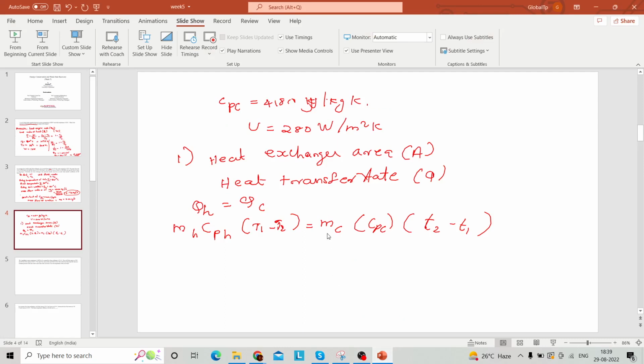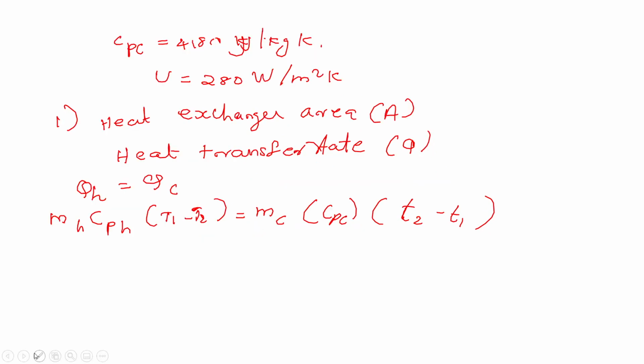At the moment, you got the temperature T2 as 42.5 degrees Celsius, right? From here you will get T2 equal to 42.5 degrees Celsius. This is the exit temperature of water. Now you have to calculate heat transfer.